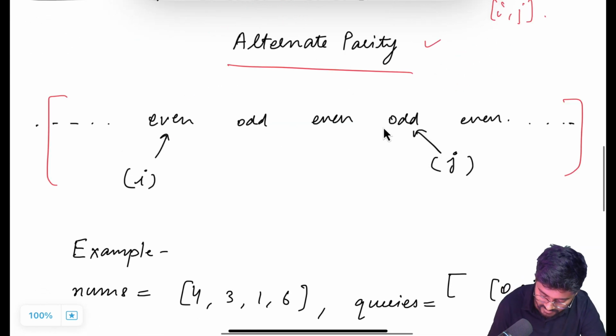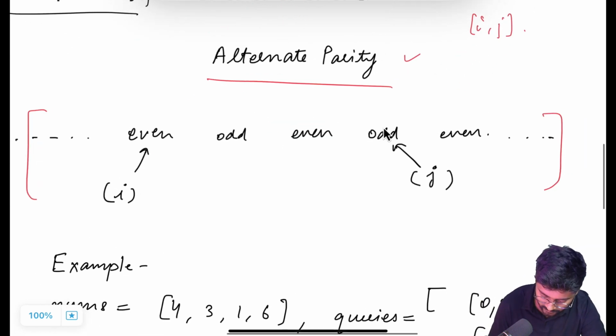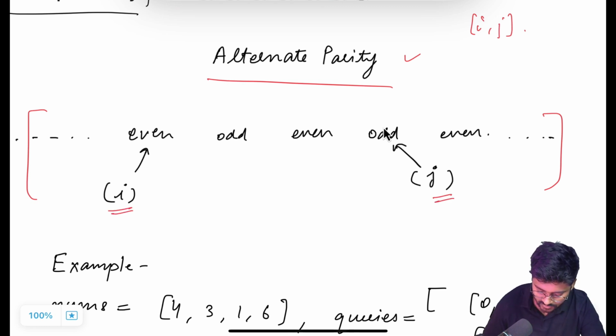This is the array given to us, and we have to figure out the answer from index i to index j: whether from i to j the parity is changing alternately or not. If it is even, then the next should be odd, then the next should be even, and then odd, like this. So it is a valid spatial array.